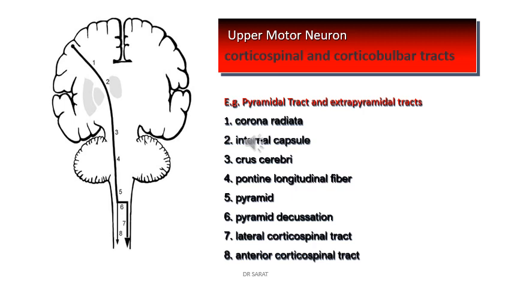And sixth, the pyramidal decussation happens in the lower part of medulla, and it divides into lateral corticospinal tract and anterior corticospinal tract, and it ends in the anterior horn cells or ventral horn cells of the spinal cord. So this is the upper motor neuron tract, and the lesions occurring in this pathway have a specific type of symptoms which I will be explaining soon.